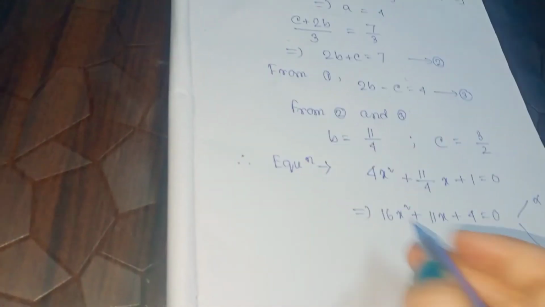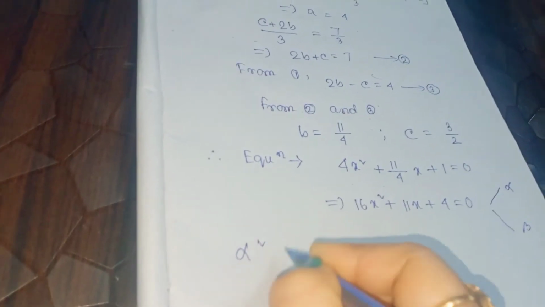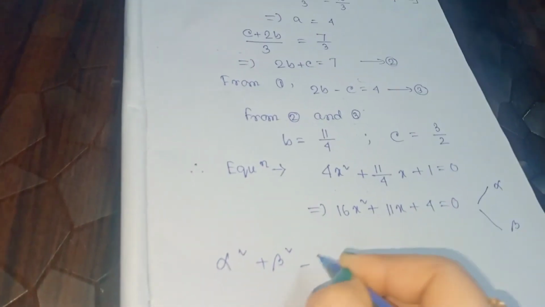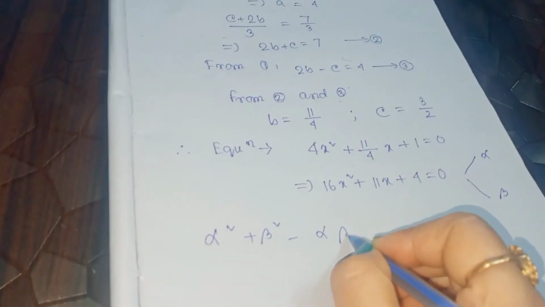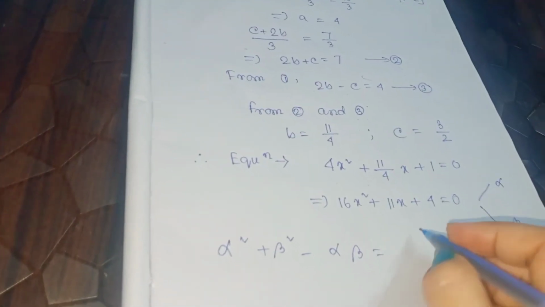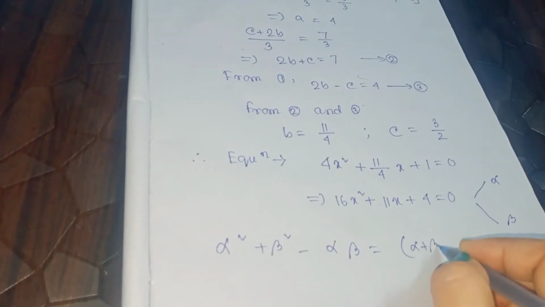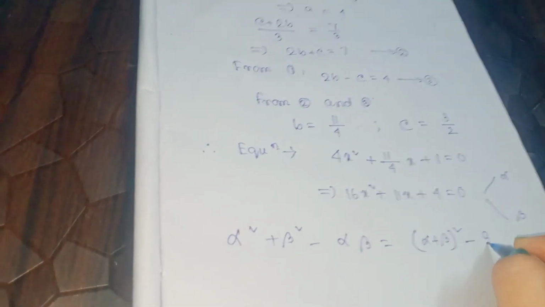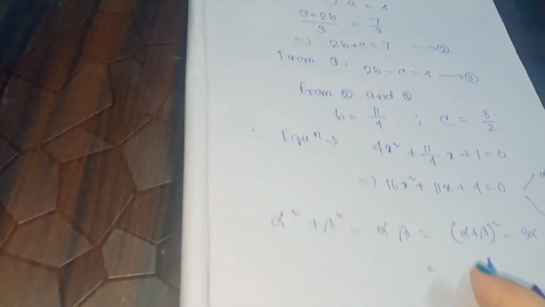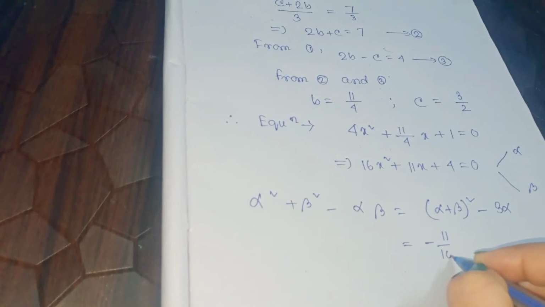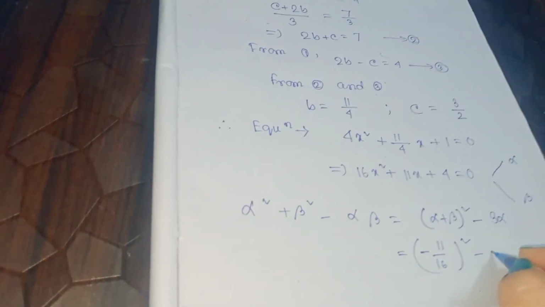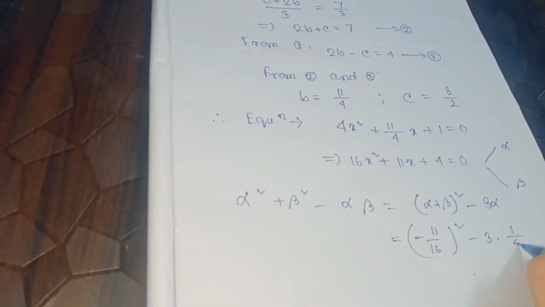So now what we should find is alpha square plus beta square minus alpha beta. Alpha square plus beta square minus alpha beta is equal to alpha plus beta whole square minus 3 alpha beta. So that is equal to minus 11 by 16 whole square minus 3 into 1 by 4.